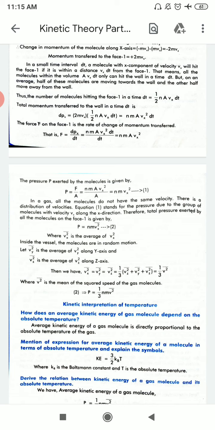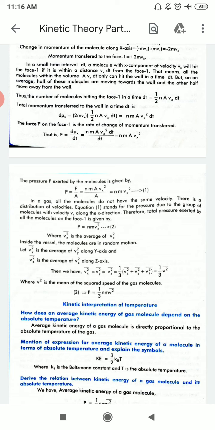That is the equation for pressure. So P = F/A, and using the above equation for F, we take that value divided by A. A cancels, so the equation becomes P = nmv_x². Suppose that is equation number 1.